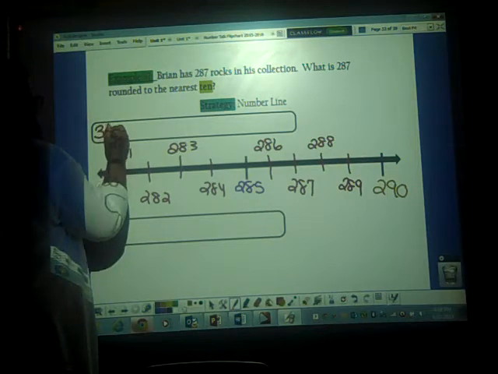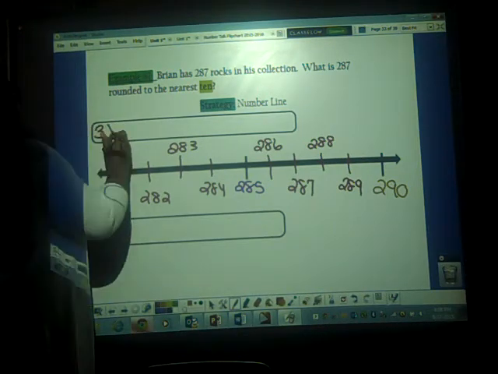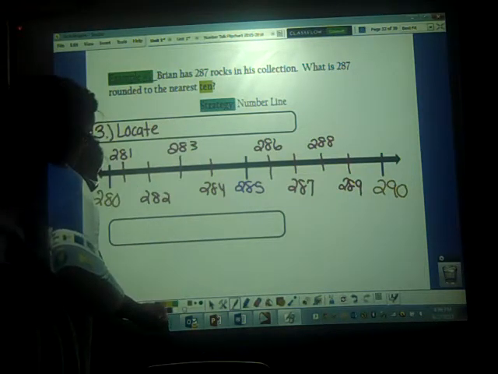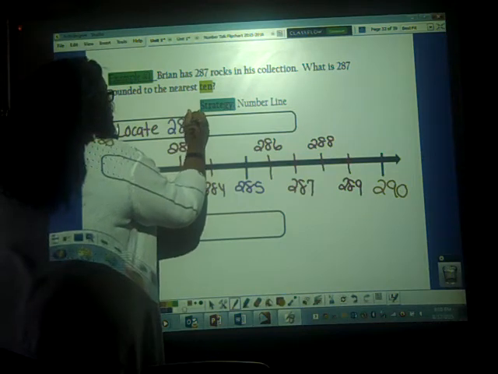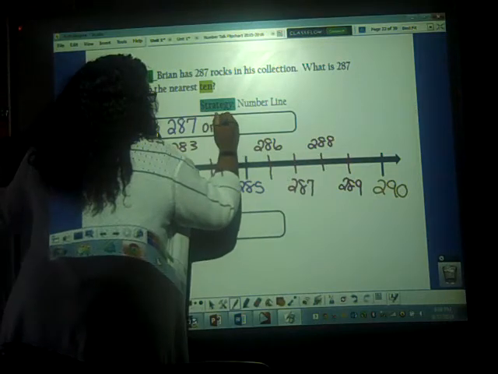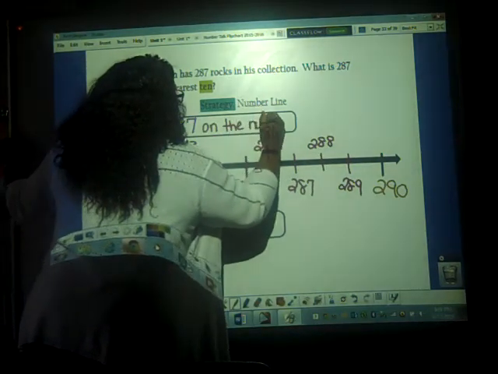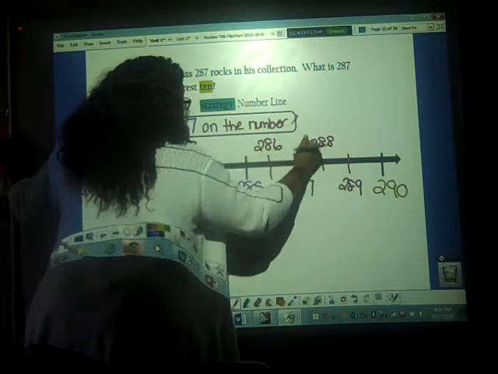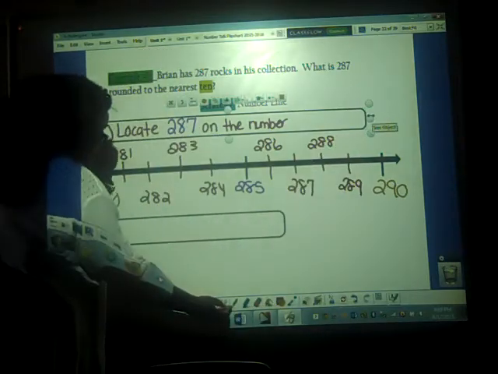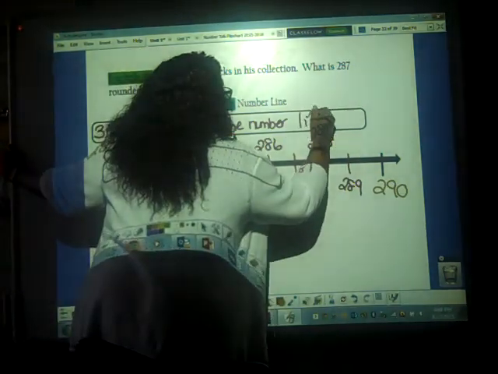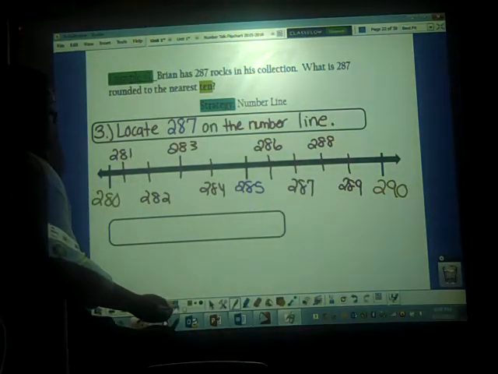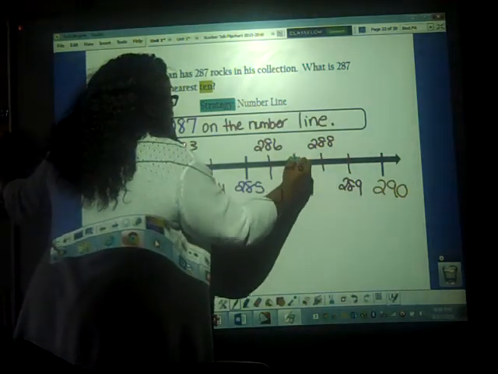All right, so step 3. You're going to locate 287 on the number line, which is right here.